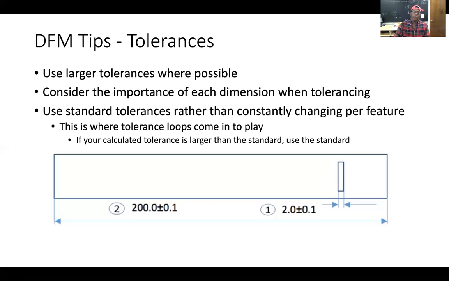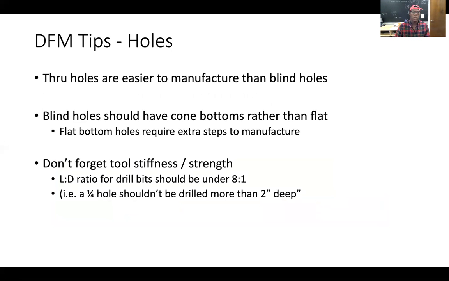Now we're going to take a little bit of time to talk about some of the holes that we use in our drawings. Of course, we have done this before, but if you're on the mill and you've got this thick piece of metal, aluminum, steel, whatever it is, and you bring the mill down and go straight through, that is so much easier than having to zero off on the top and then look at the drawing and find out, okay, I have to go half an inch down, or whatever the dimension is.